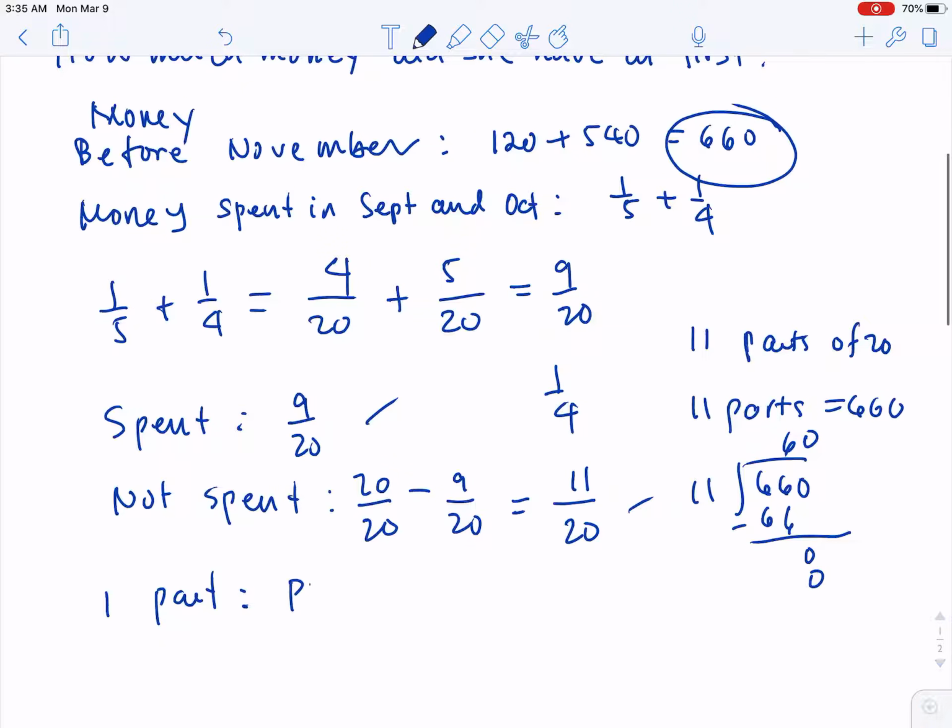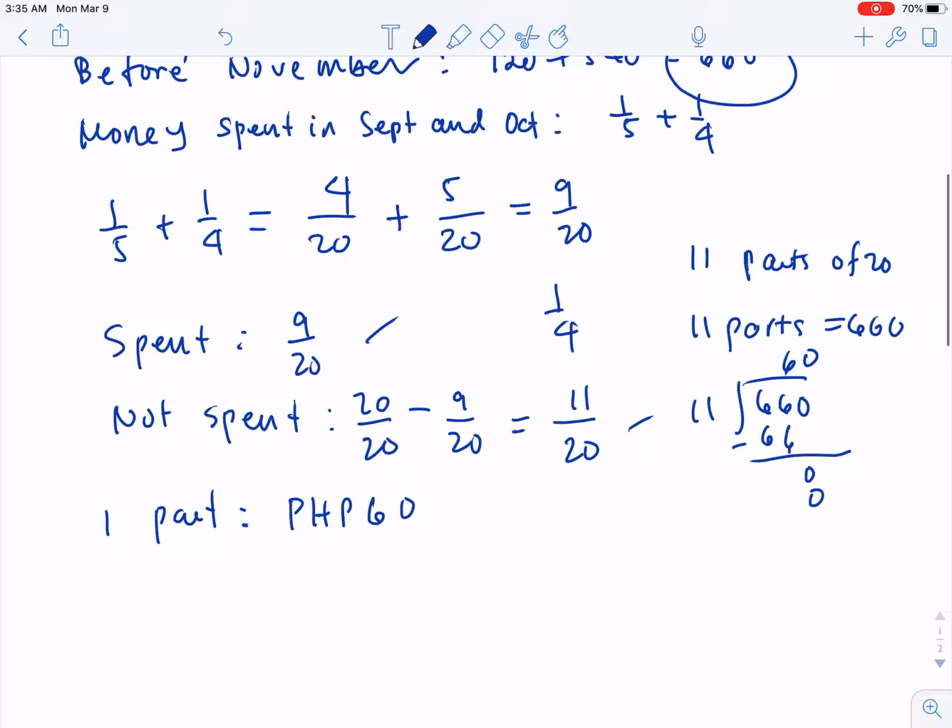Ilang parts siya all in all? Diba ang buong money natin ay 20th? So, ang 20 parts, ilan ang 20 parts? E di 60 times 20, di ba?